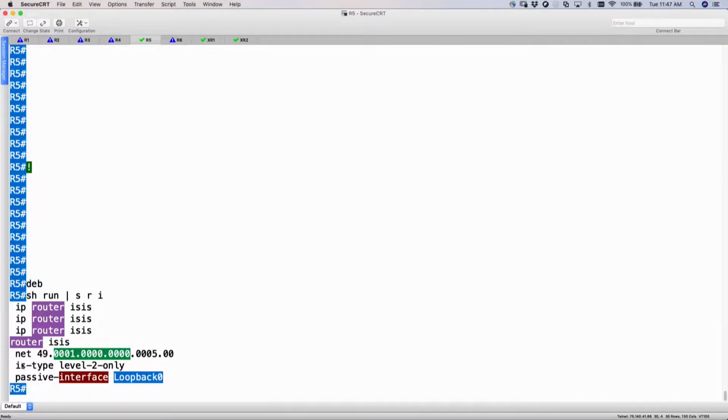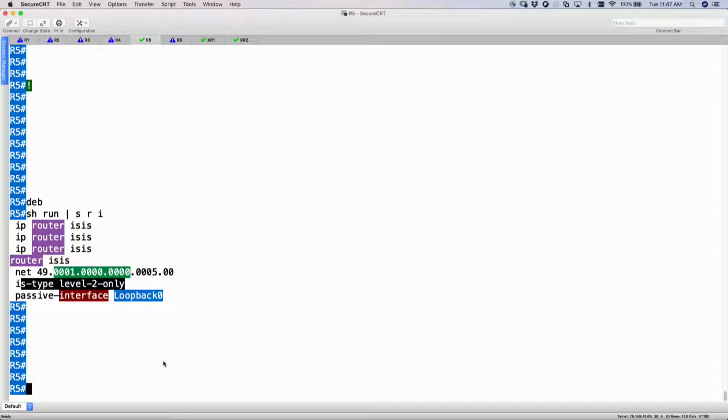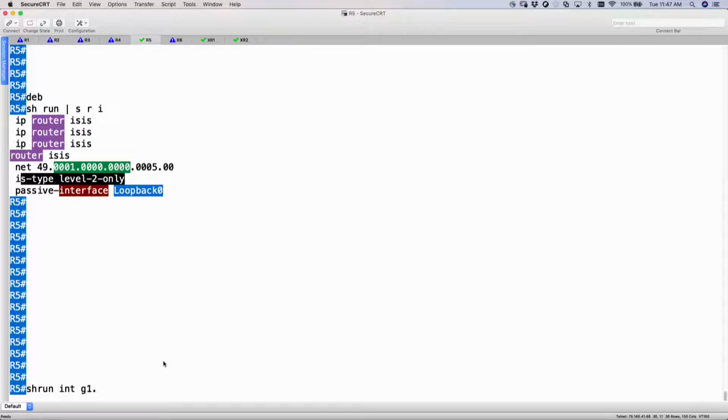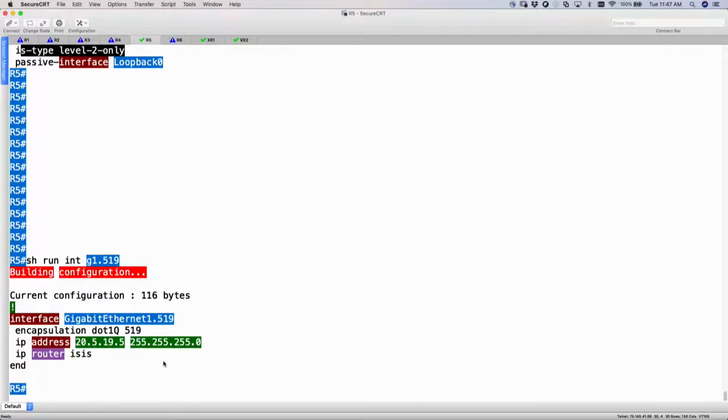I have all of them running level 2 only. So we should see level 2 LAN hellos because the default network type is broadcast. If you look at my interface, gig 1.519, I haven't configured any network type, which means the default is going to be broadcast.